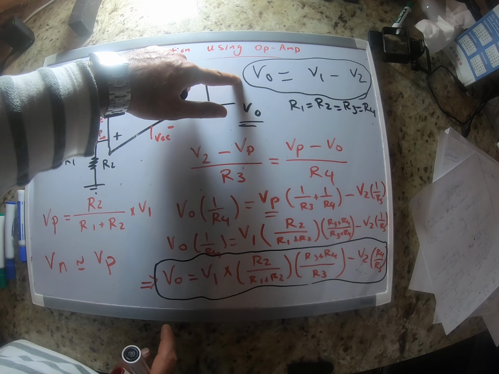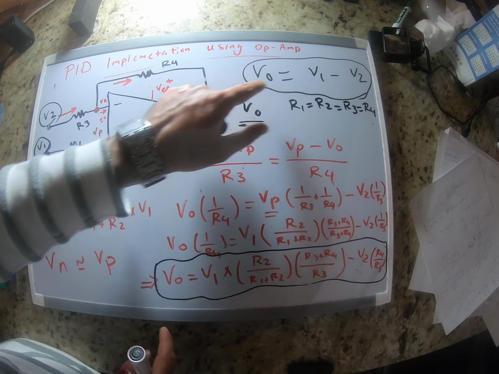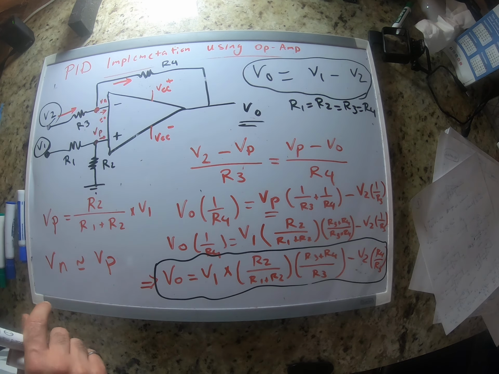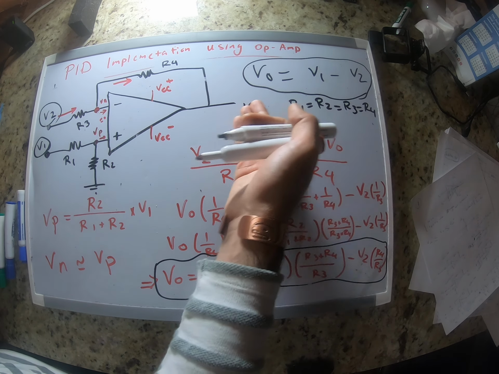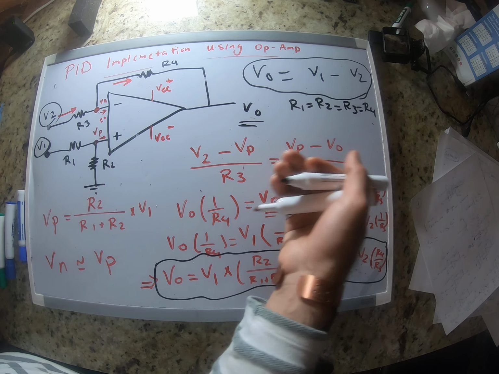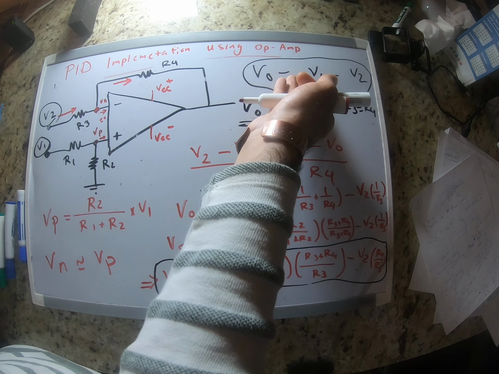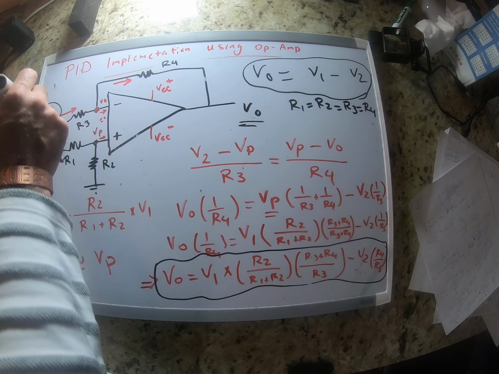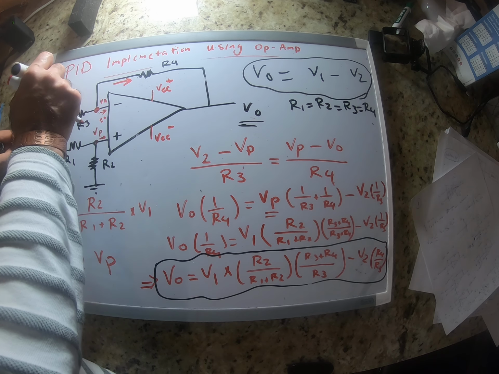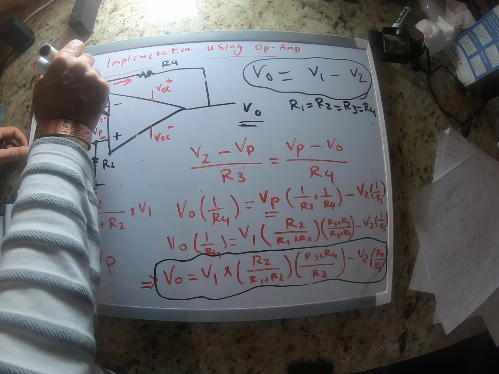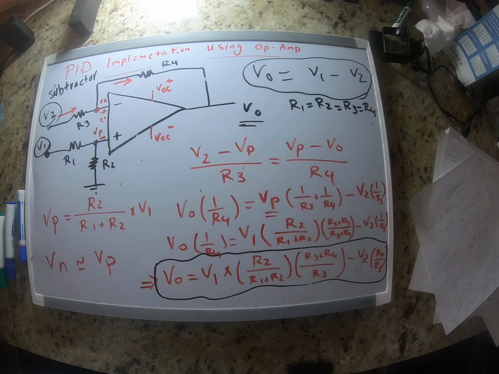So we end up with V1 minus V2, right? It can be any number, 1 ohm or 100 ohm, as long as they're equal. So this would simplify to this form. So this circuit is called a subtractor, and you've seen this one before as well. Okay.